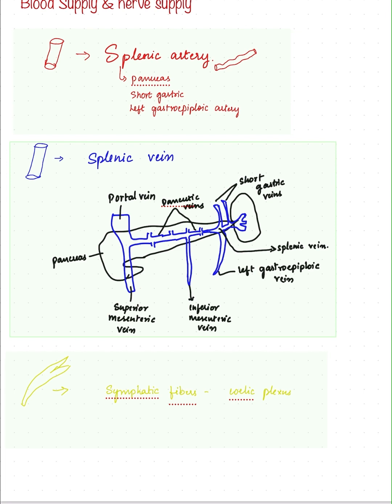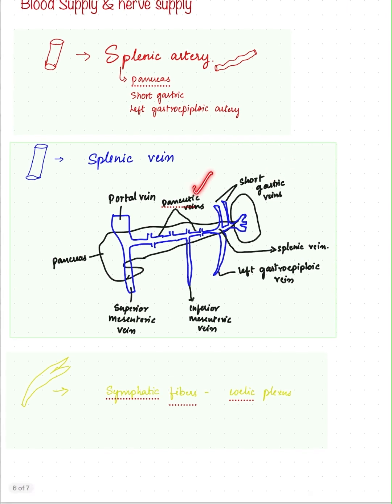It gives inferior mesenteric branch, pancreatic veins, or the pancreatic tributaries to pancreas, and also left gastroepiploic vein, and short gastric veins. So the branches are only short gastric, pancreatic, inferior mesenteric, left gastroepiploic vein. So that was the venous drainage.